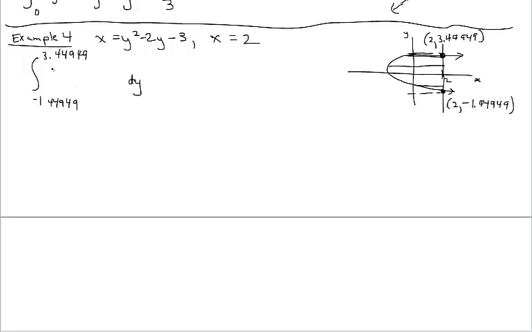If I did assign a value to each of these limits, if I called this a and this b, and somewhere on my paper I showed that this was equal to a and this was equal to b, then in my setup I could put a and b here. So it just saves me some writing. All right, the right x, so the bigger x, which is 2, minus the smaller x, so 2 minus, be sure and use parentheses, I get this right here.